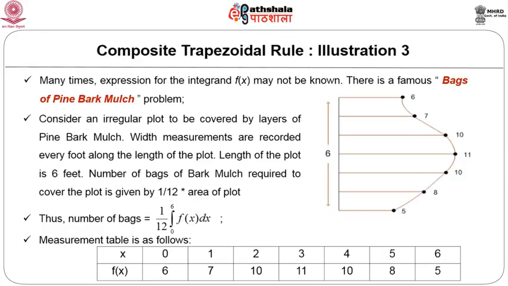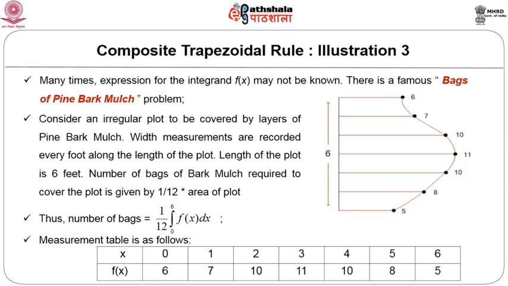The plot is very irregular, not of fixed shape. Its width is 6 feet, let us assume, but it is a very irregular shape as shown in the figure. So what is done is the height of the plot, which we say is the width, the length of the plot is measured at intervals of 1 foot, and these lengths come out to be 6, 7, 10, 11, 10, 8 and 5, let us say.